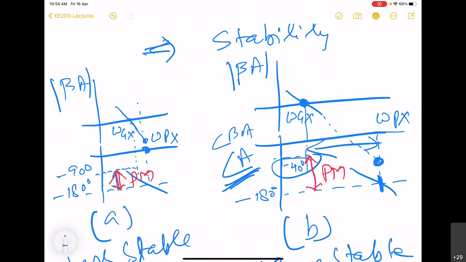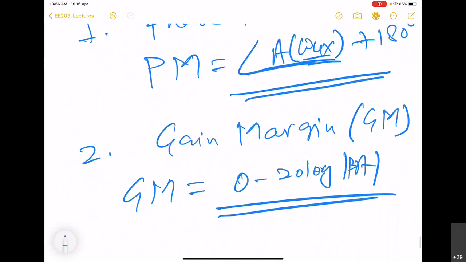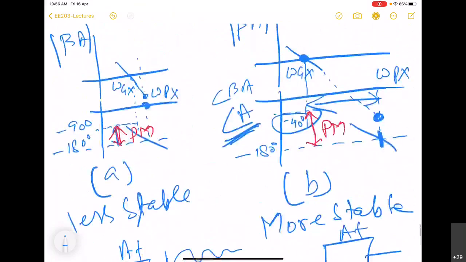Keep in mind that this is calculated at omega px, the frequency where phase is equal to minus 180 degree.